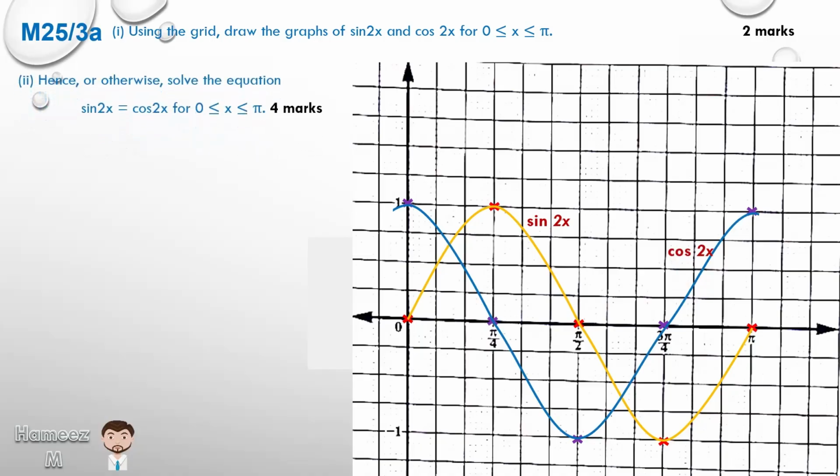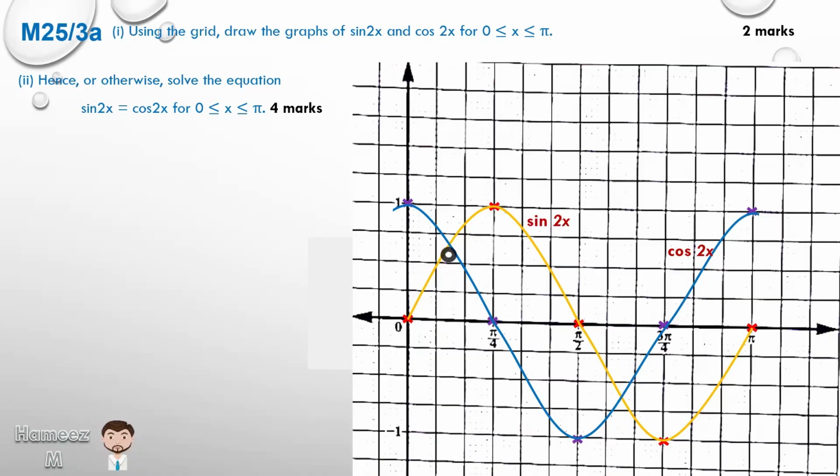Part 2. Hence, or otherwise, solve the equation sin 2x equal to cos 2x. If we want to know what we mean by sin 2x equal to cos 2x, it means where the blue line meets the yellow or orange line.